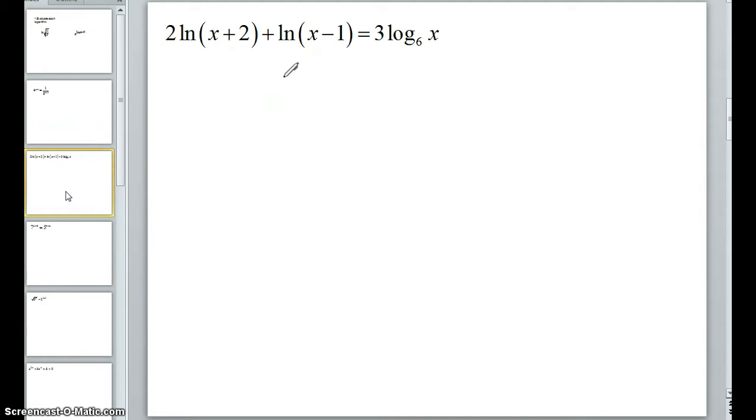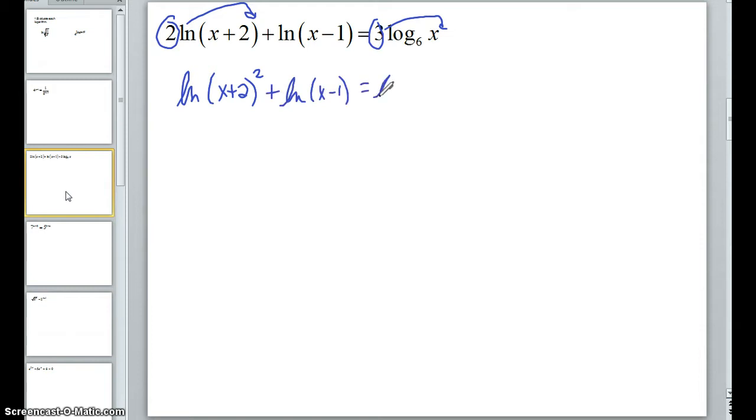So for this one here, the first thing we always want to do is make sure that the numbers that are in front of the ln are brought up as powers. Okay, so we've got ln of (x plus 2) squared plus ln of x minus 1 equals ln, this is a typo by the way, this should have been ln of x cubed.